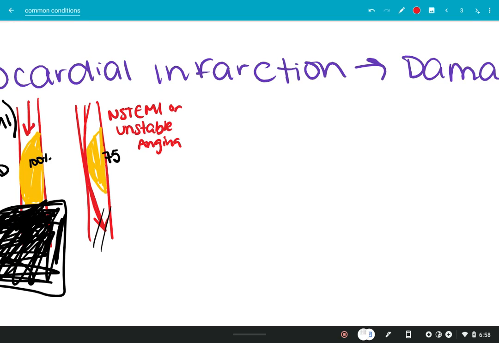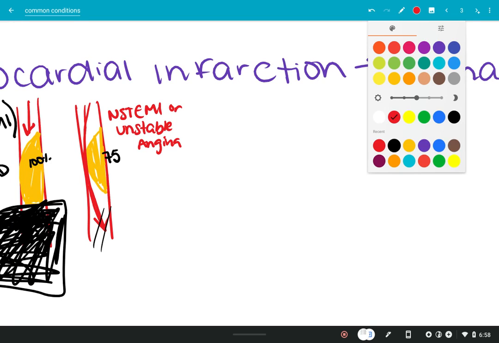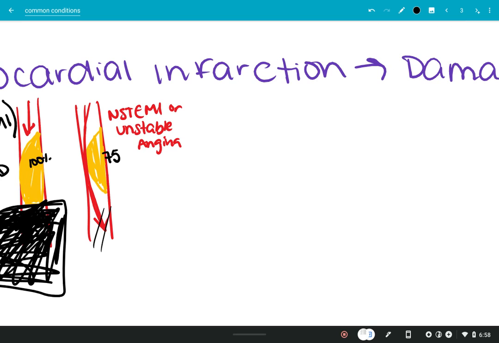So you're probably like, okay, Gabby, so you're telling me they have the same presentation. How can you tell the difference? Like, how can you tell if this is something that you can just send them home with, or do they need to be admitted to the hospital? Well, it's simple. You do a cardiac panel.